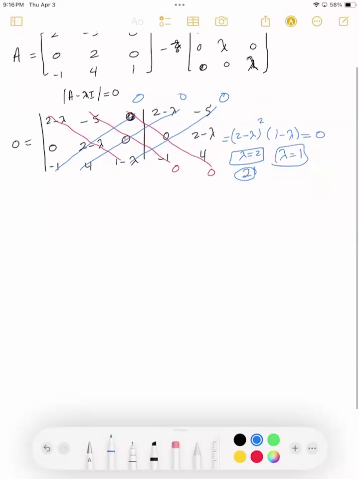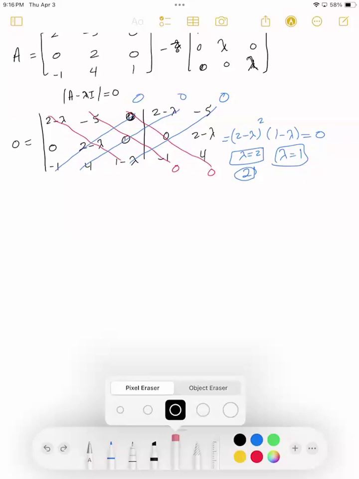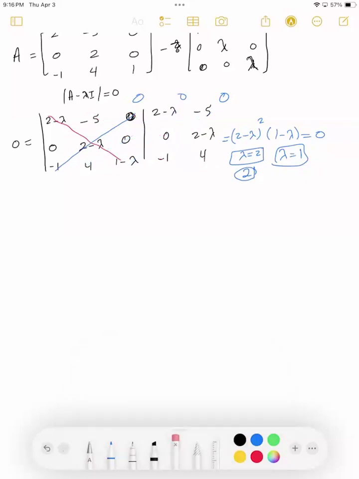So let's substitute. We are going to look at the case lambda is equal to 1.